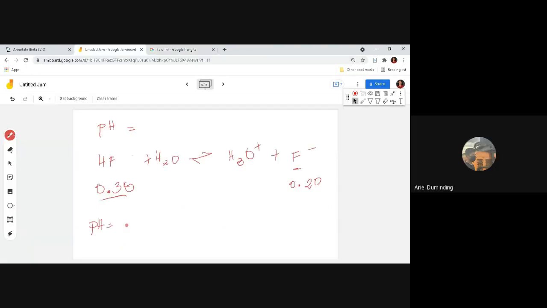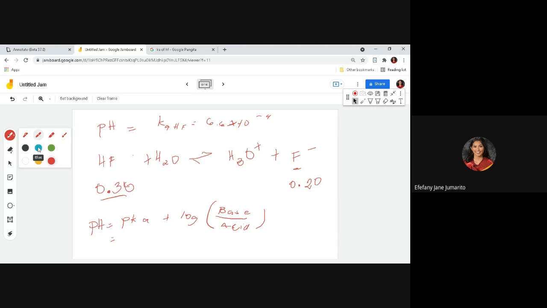Ka of HF is equal to 6.6 times 10 to the negative 4. So pKa plus log of base over acid. pKa is equal to the negative log of 6.6 times 10 raised to negative 4.